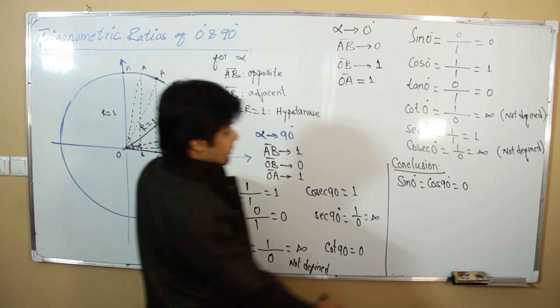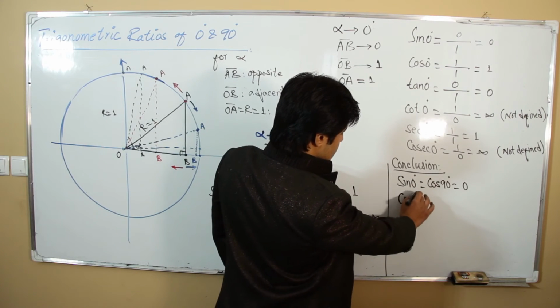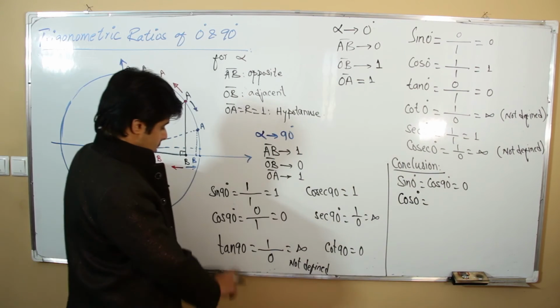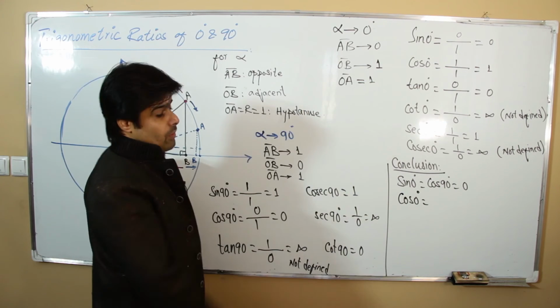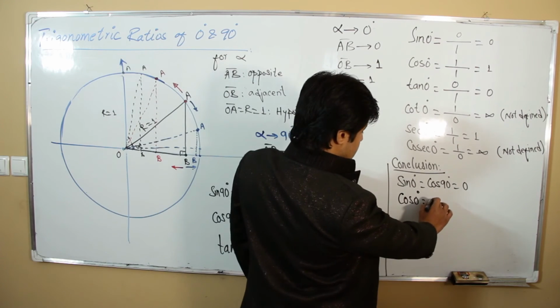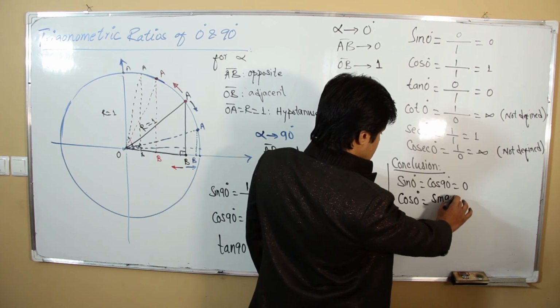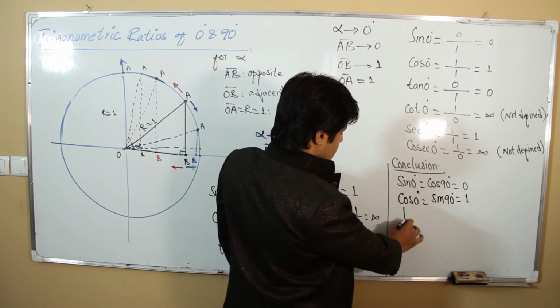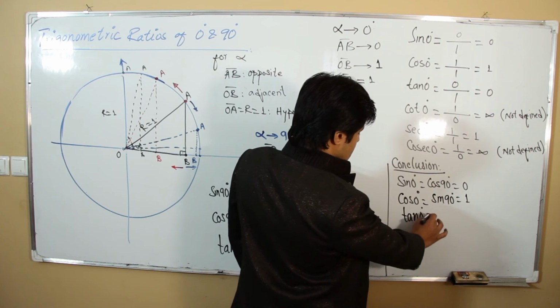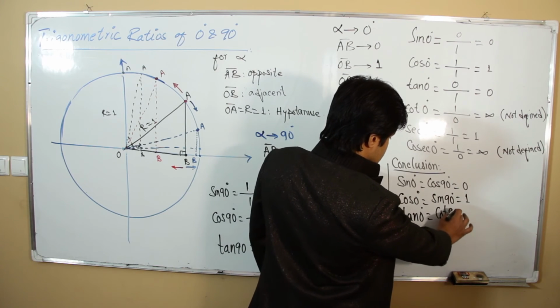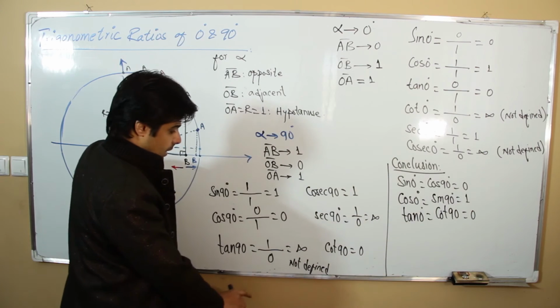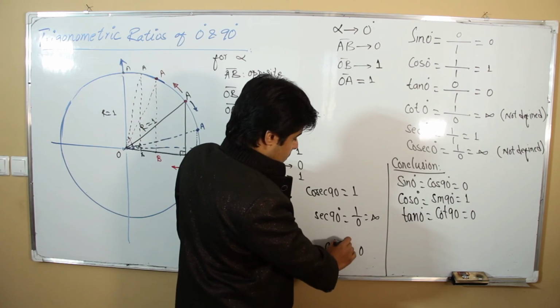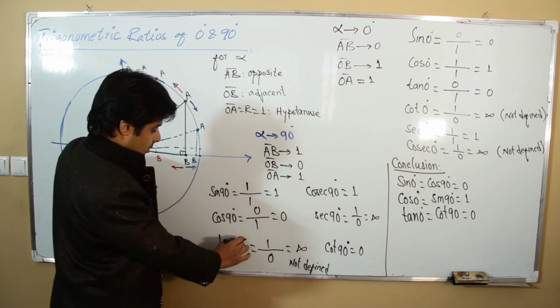And cosine of 0 degree is equal to sine of 90. Both of them are 1. Tangent of 0 is equal to cotangent of 90. What's tangent of 0? 0. And cotangent of 90 is also 0. Am I right? Yes, in degrees.